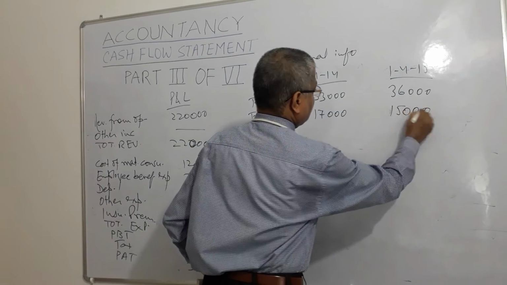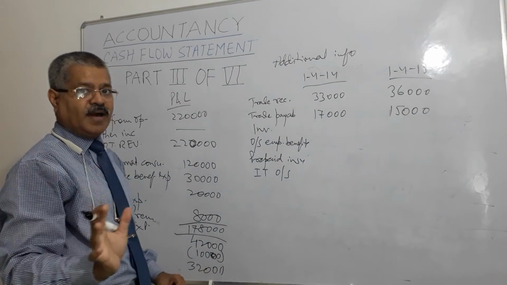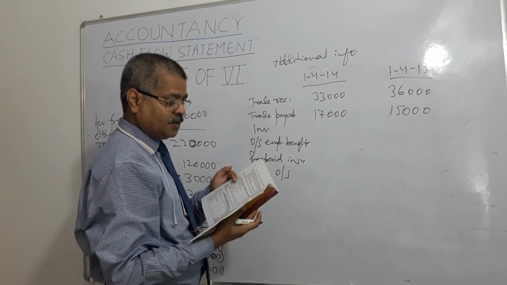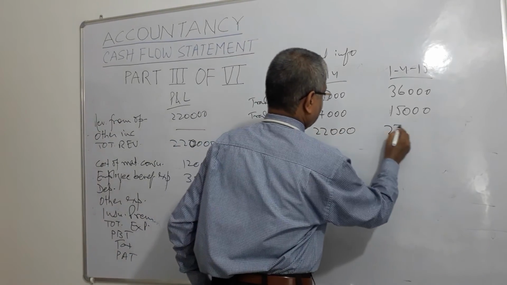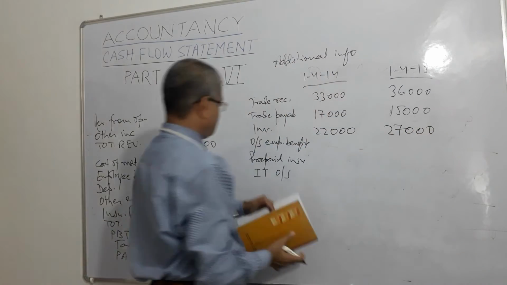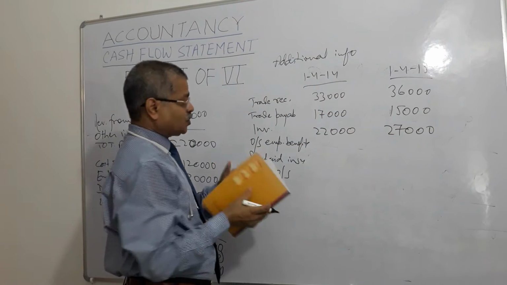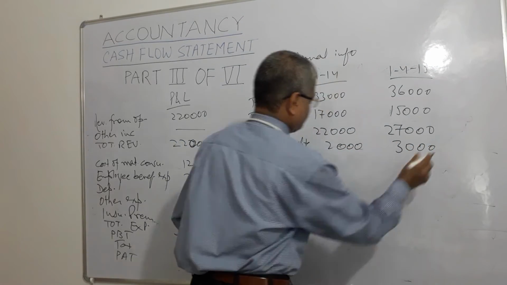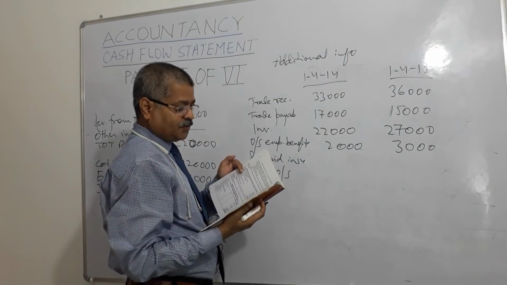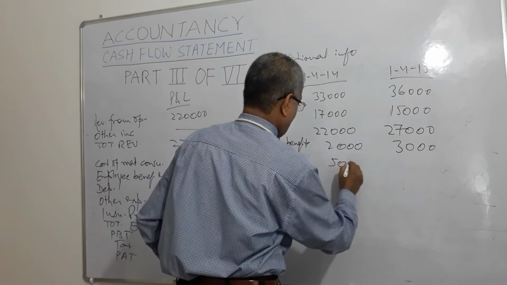We are doing this elaborately so that if you understand one, you can do many sums. 22,000 and 27,000. Outstanding employee benefit 2,000 and 3,000. Prepaid insurance 5,500.